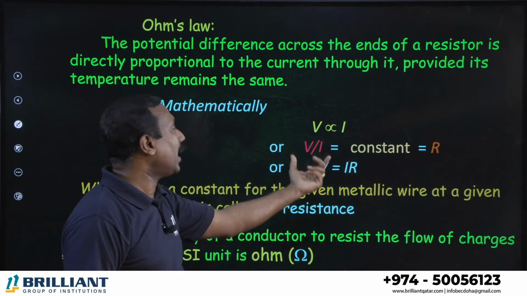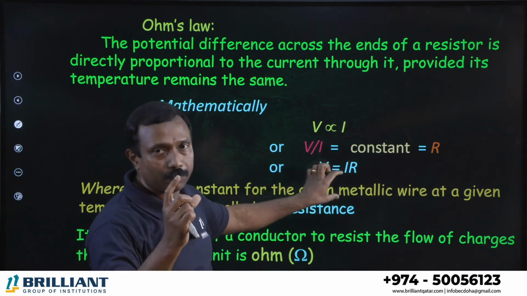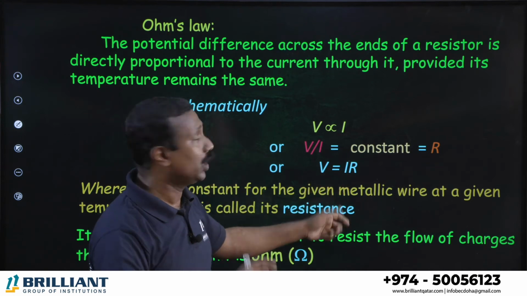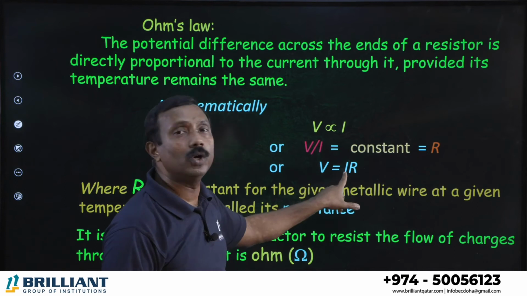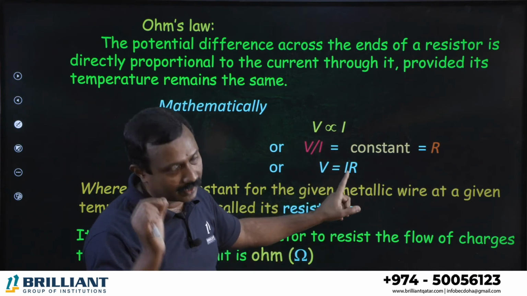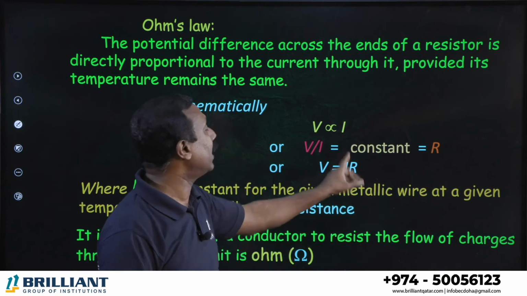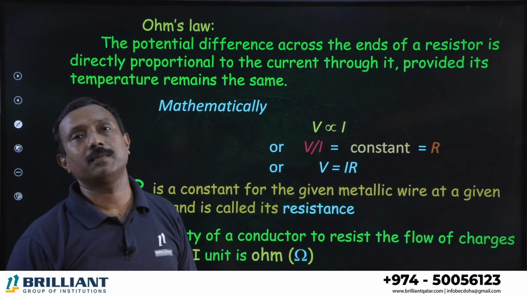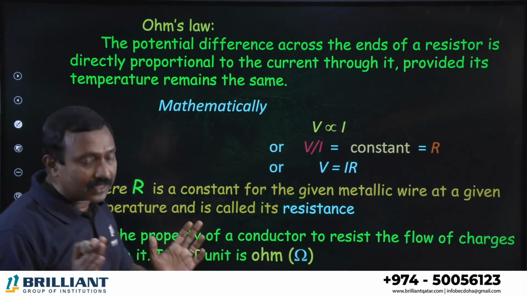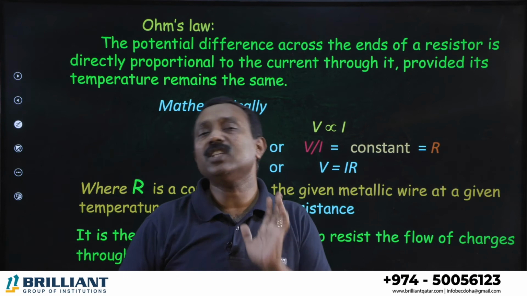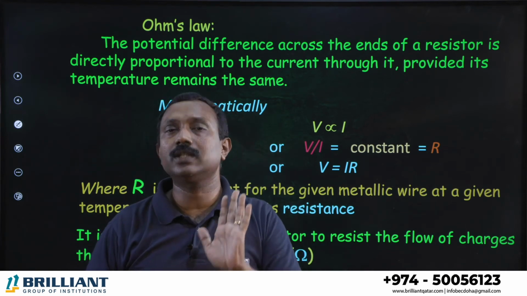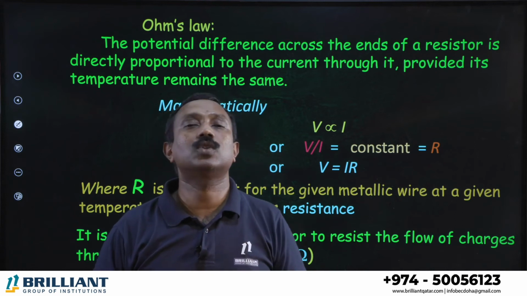So, we can make an expression like this for the potential difference and the current: V is equal to I into R, where V is the potential difference, I is the current maintained through the circuit, and R is the resistance offered by the conductor. Resistance, as I already mentioned, is a hindrance or opposition created by the conductor against the free flow of electric charges through them.